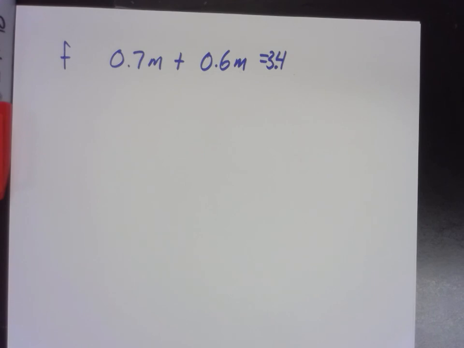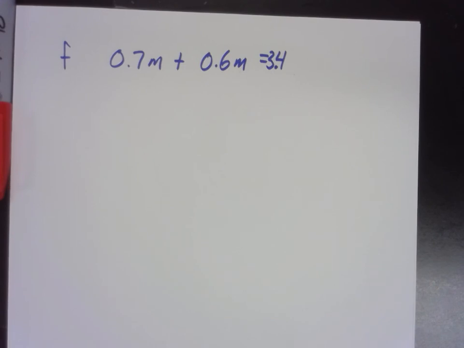Oh, that's an M, isn't it? 0.7m. Oh, yeah. What did you have to multiply everything by? 10.